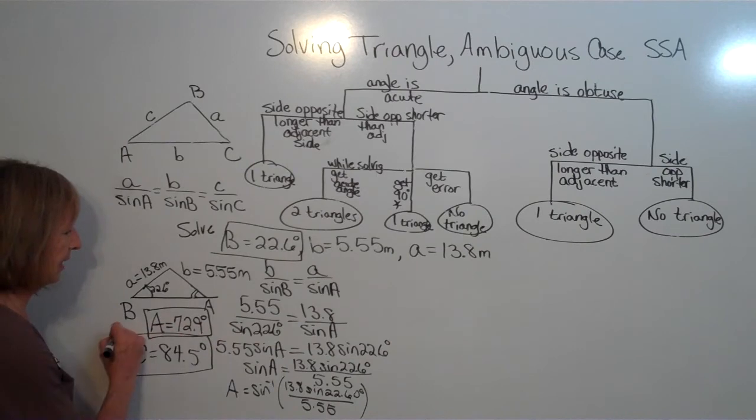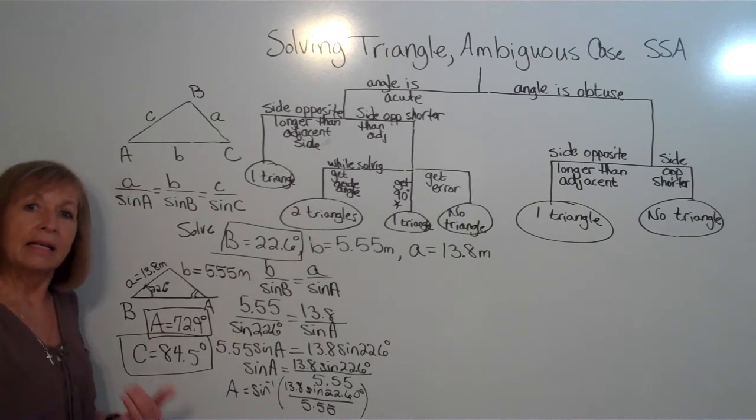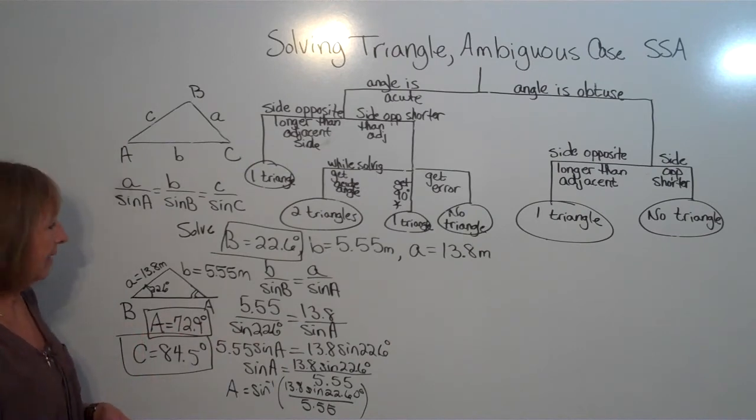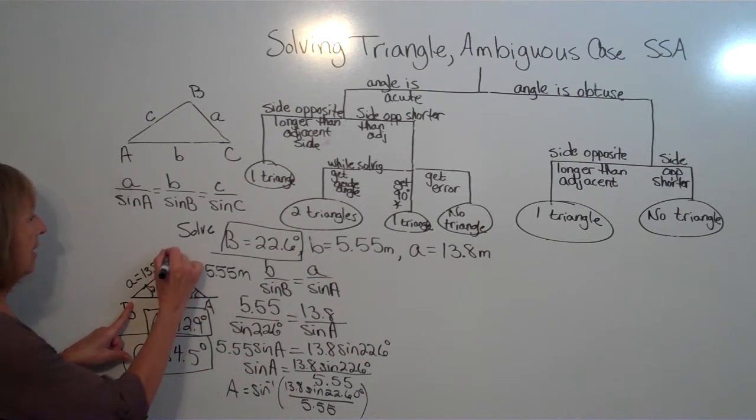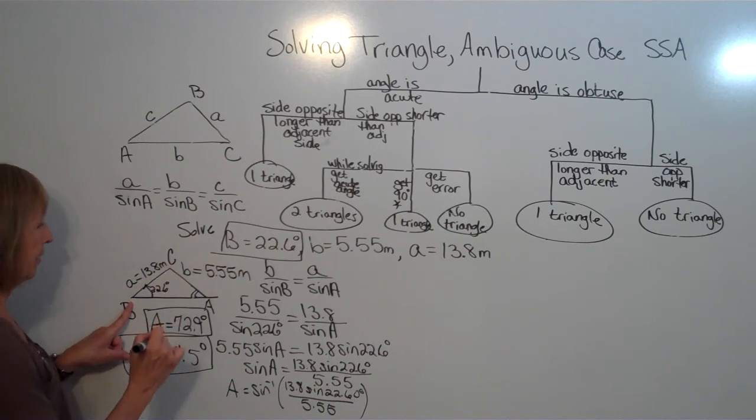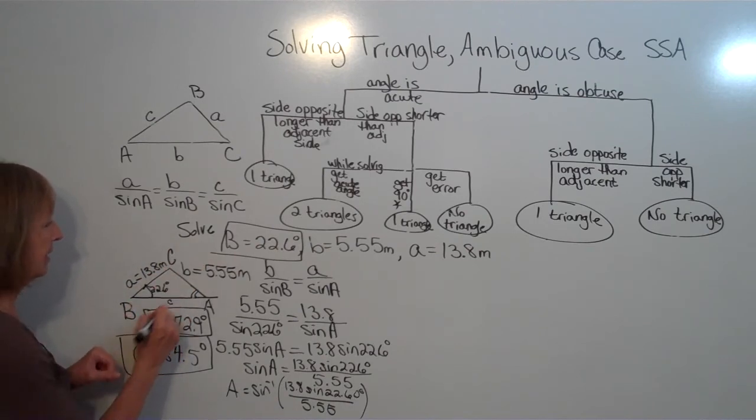So that's our angle C. And then lastly, we want to find the length of side C. So if this is angle B, this is angle A, then our angle C is up here. And side C is the one right there that we want to find.